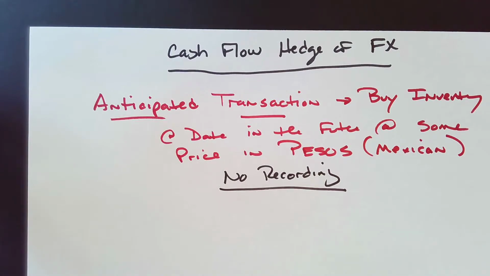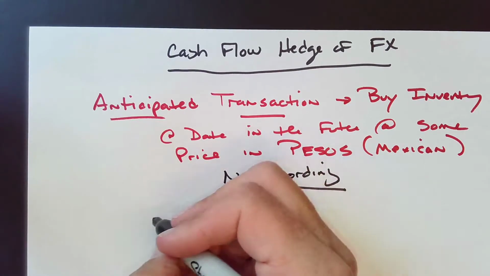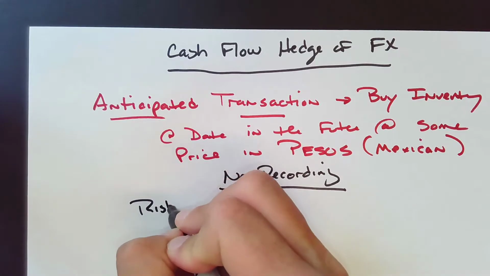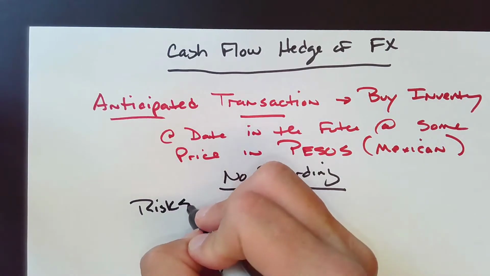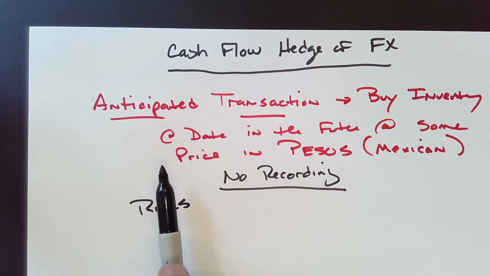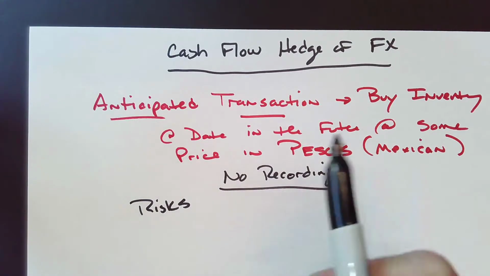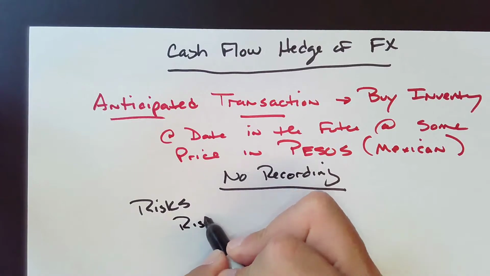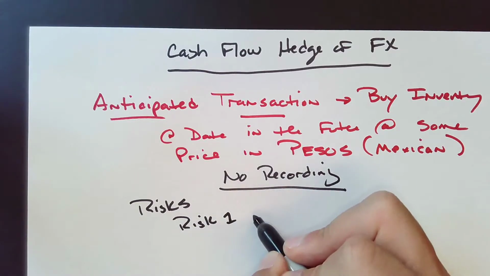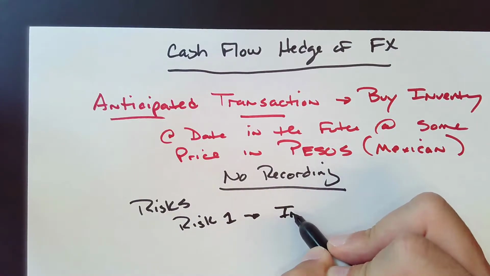But I have risk. And what's my risk? I've got two risks. I've got the risk of the price of the inventory. I've got risk one, inventory price risk.